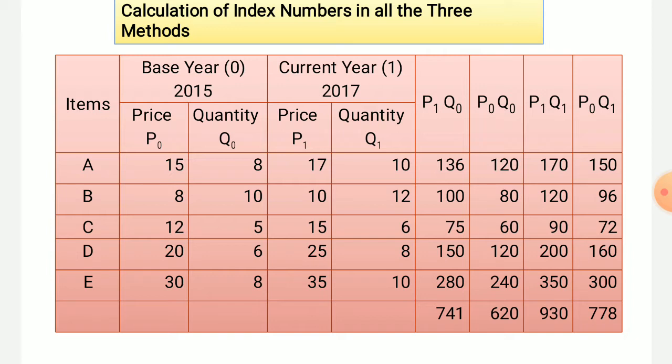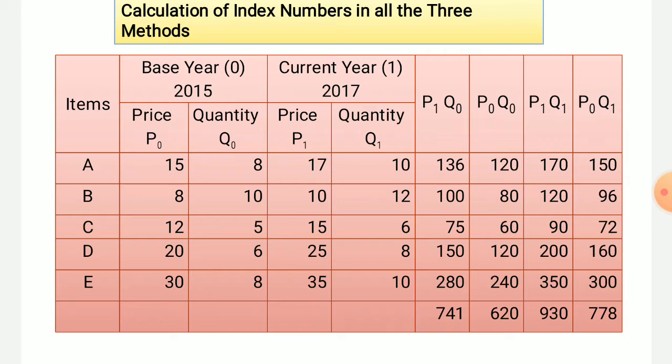Then the last column we have to calculate is P0Q1: 15 into 10 is 150, 8 into 12 is 96, 12 into 6 is 72, 20 into 8 is 160, 30 into 10 is 300. Then take the totals of P0Q1, P1Q1, P0Q0, and P1Q0.